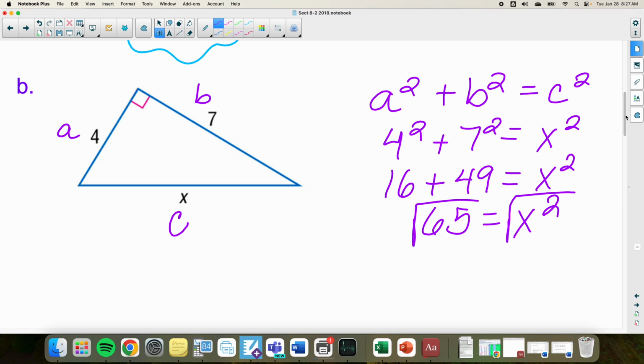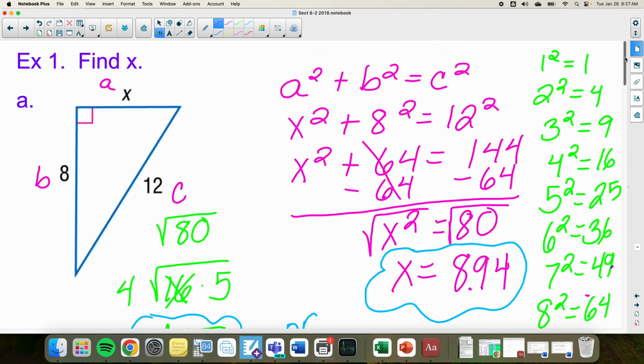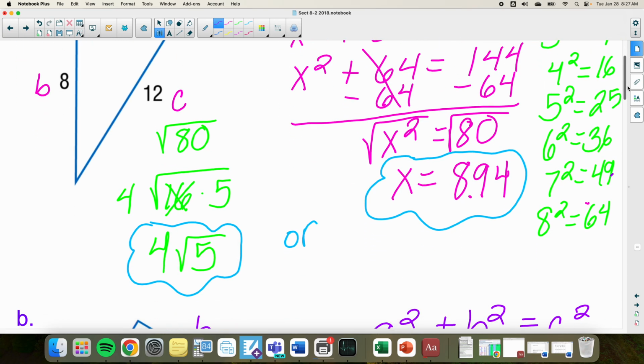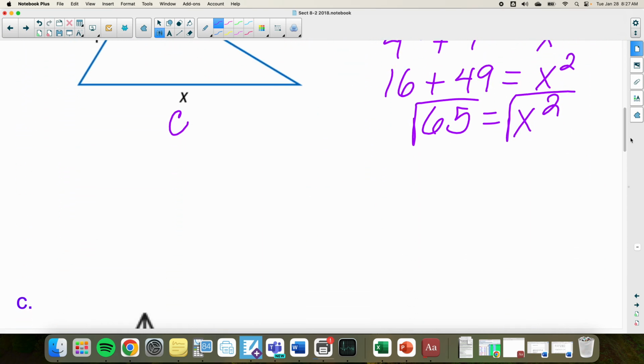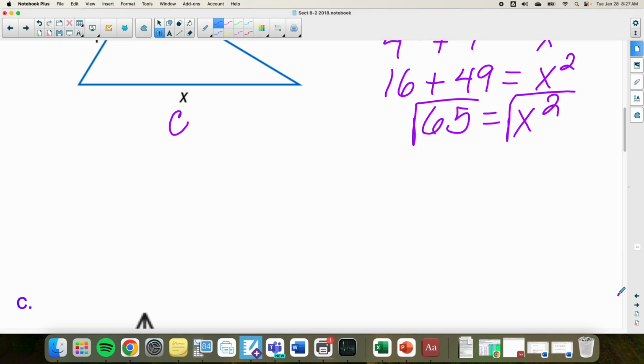And then again, if you wanted to, you could check less than 65. Do any of these divide into 65? And I don't, like evenly is what I mean, so that you get a whole number. And I don't believe any of them do. So then, if you did it that way, you'd leave it as root 65, or you can go to your calculator and you can go square root 65 and get 8.06.